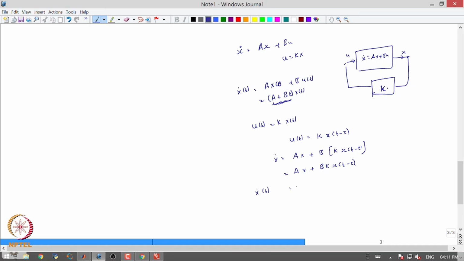In general we can write a delay system of the form x dot(t) is a x(t) plus, let me call this, a_d x(t minus tau). So, when is this system stable is the question.